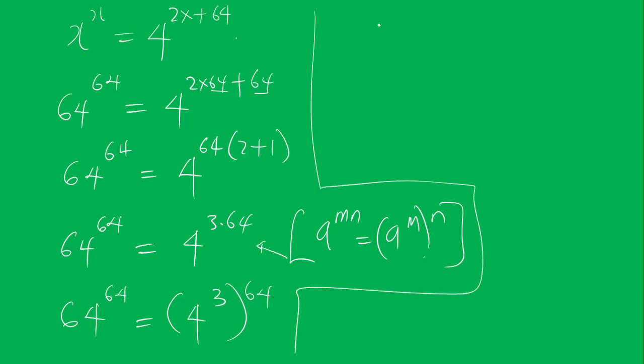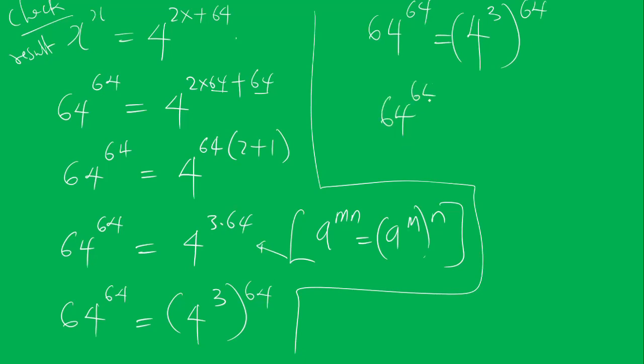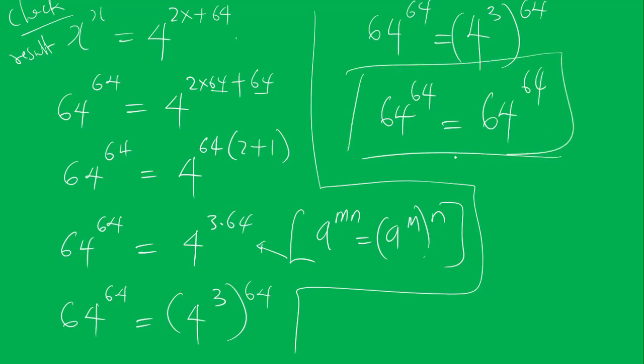So what we're doing here is checking the results. 4 to the power of 3 is 64, so you have 64 to the power of 64. This is the final answer. It shows that it's the same.